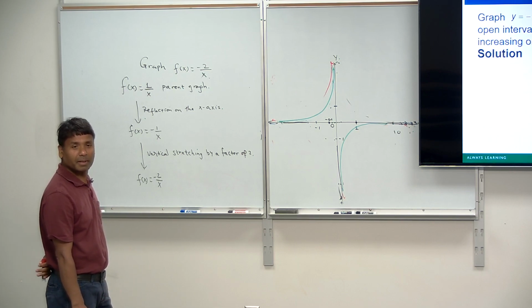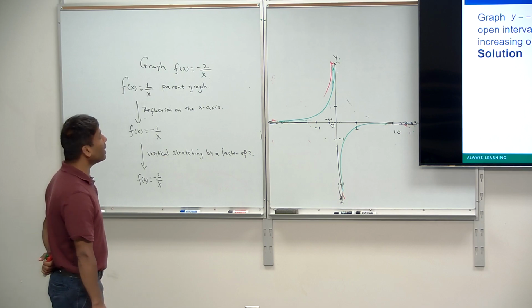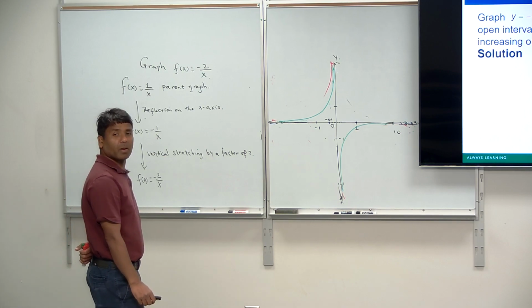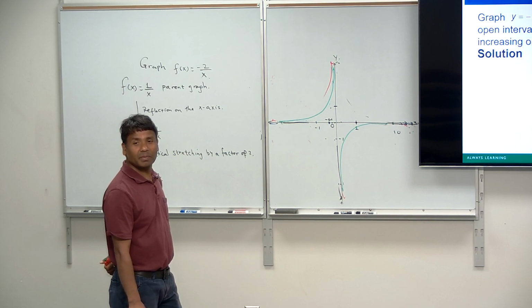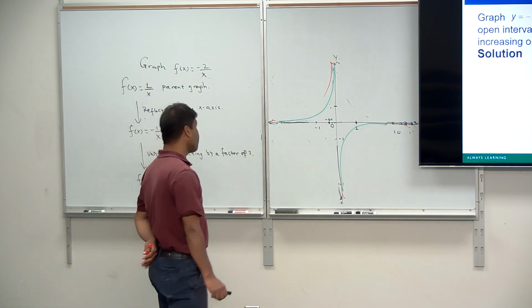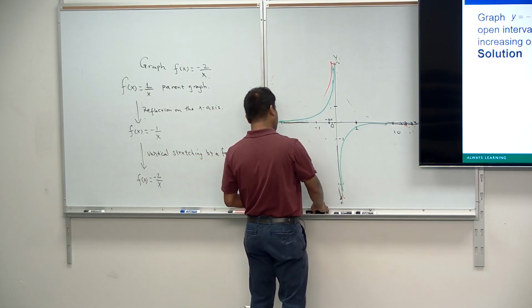Does that look good? And what will be the domain, guys? What will be the domain of this graph? Would it still be negative infinity, comma 0, union 0, comma infinity? Yes, that's right.